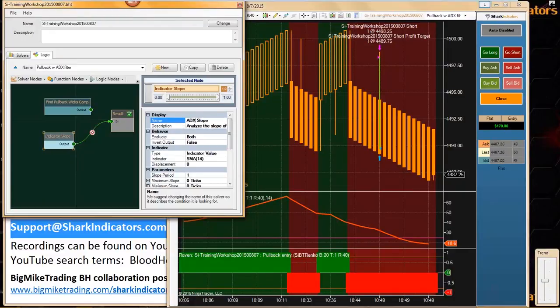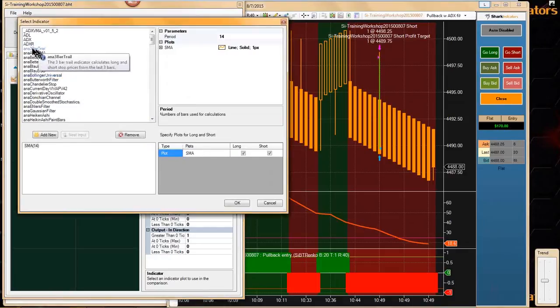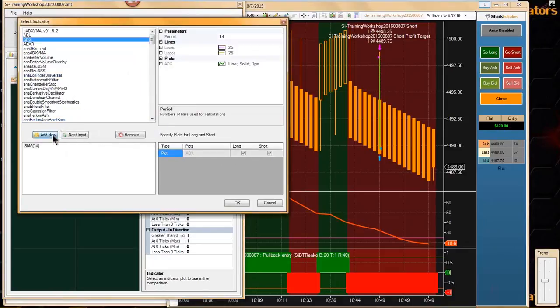Alright, I'm going to name this solver. Alright, let's swap out our SMA for the ADX. So there's our ADX. Alright, we're just using a 14 period. And there's only one plot, so everything's selected good.